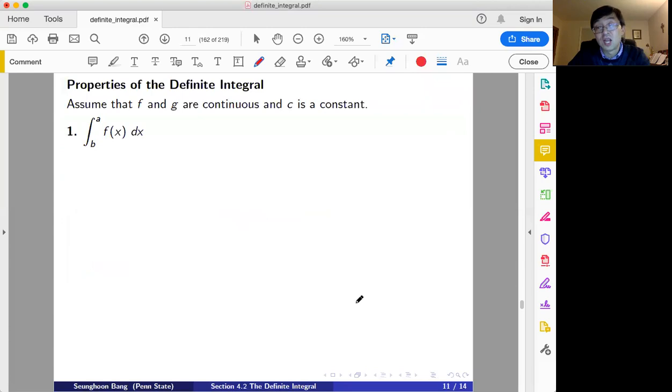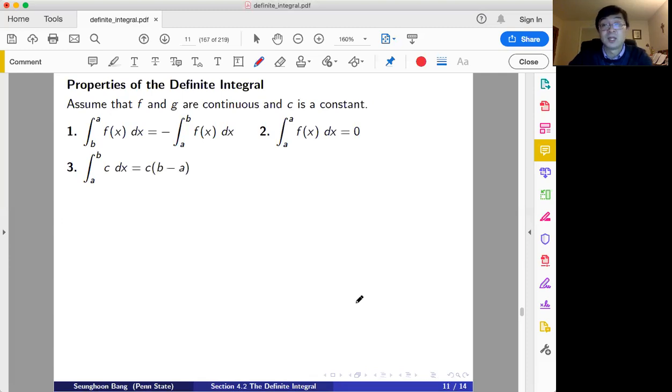You have to interchange the lower and upper limits, and we have the negative integral from a to b of f of x dx. Second property, if the lower limit is exactly the same as the upper limit, the answer is 0. What's the integral from a to b of c? Exactly c times b minus a.